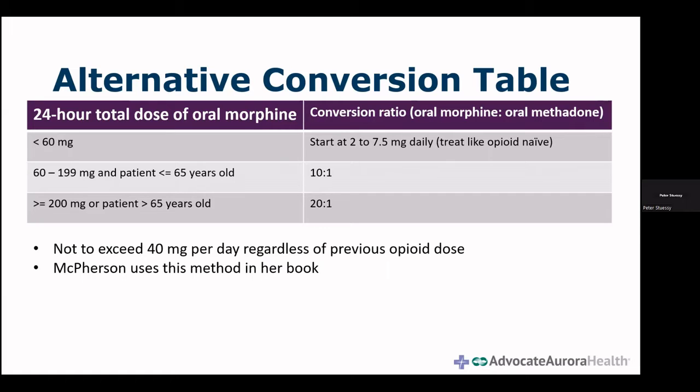So much simpler, much more direct, and then leads to a recommendation to really rely on those as-needed breakthrough meds for the first couple of days to really tell how much methadone they truly need. Also, please note that they recommend a 40 milligram max, no matter what their previous opiate conversion dose was.